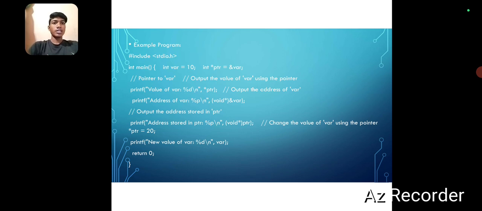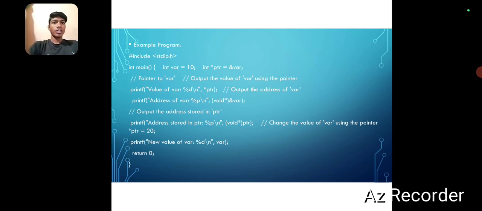Example program. #include <stdio.h>, int main. int variable = 10; int *ptr = &variable; pointer to variable. Output the value of variable using the pointer: printf("Value of variable: %d\n", *ptr).